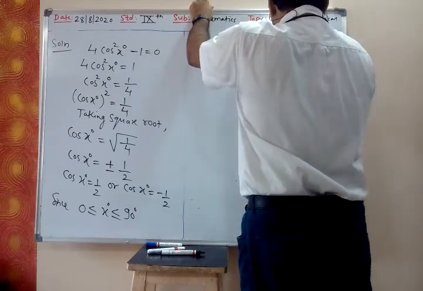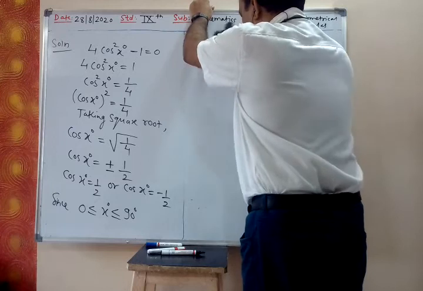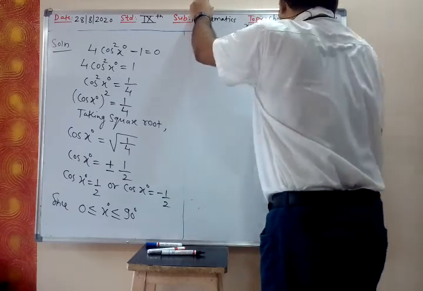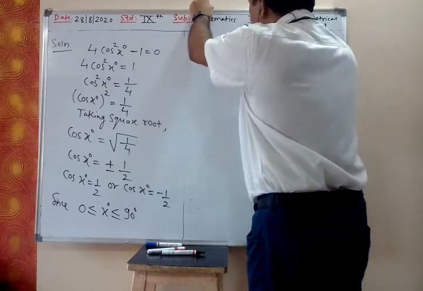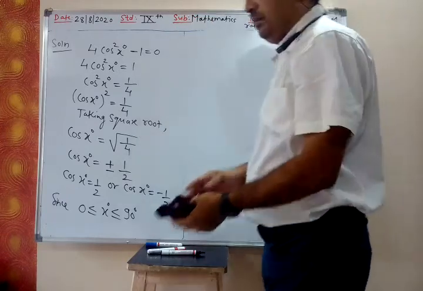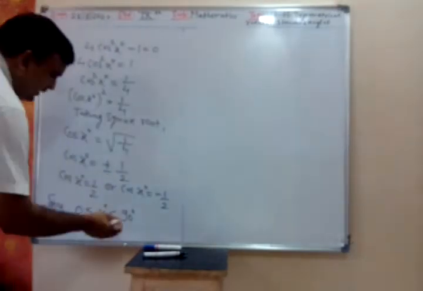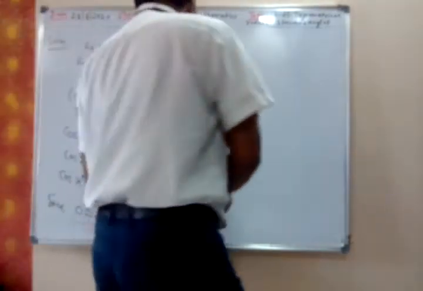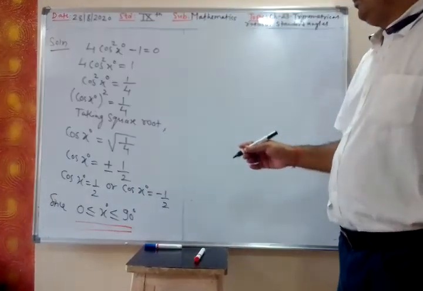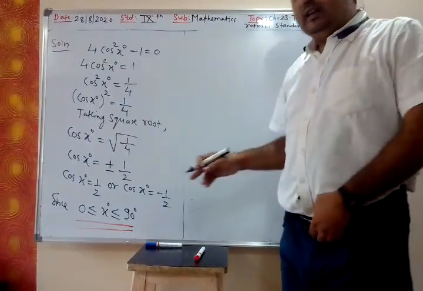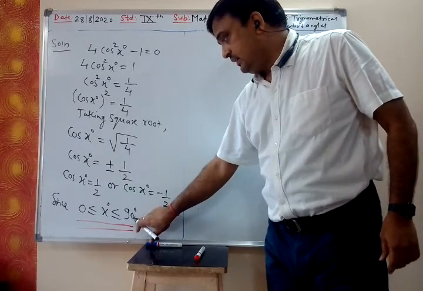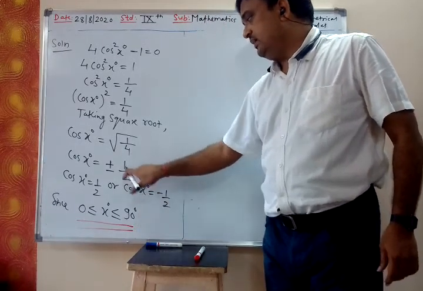The value of cos could be negative or positive, either one. But because of this condition, my angle lies between 0 and 90 degree, this negative we will not consider. If this condition is not given, then I will take plus minus half.